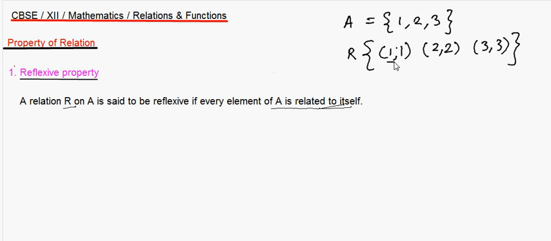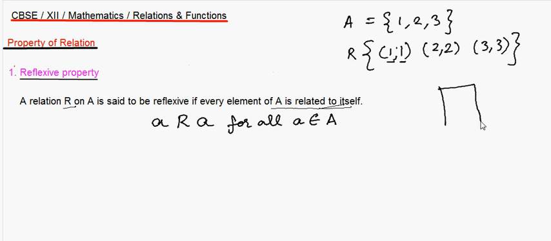So every element of A is related to itself. Such a thing is called reflexive relation. Then we denote this as a is related to a for all a which is an element of the set A. So this reflexive property is like a mirror.